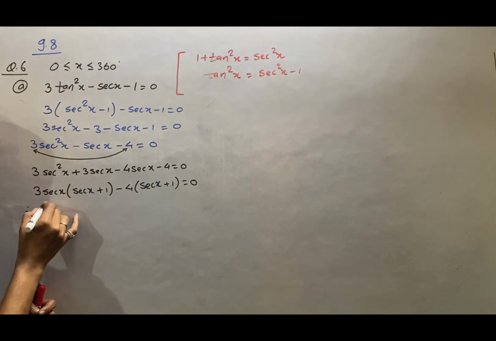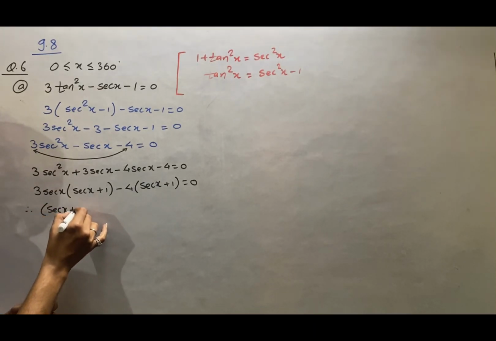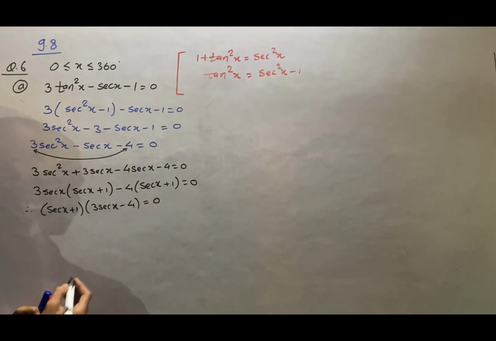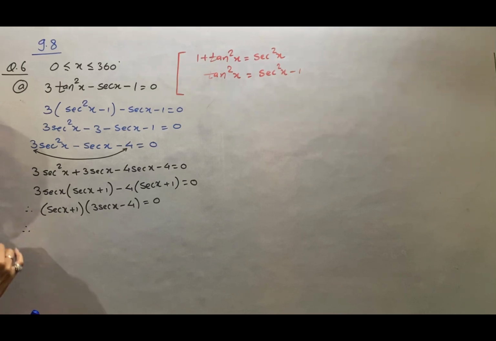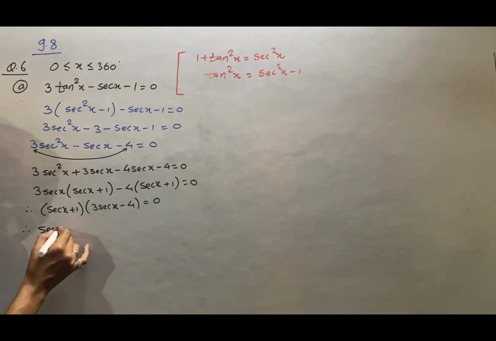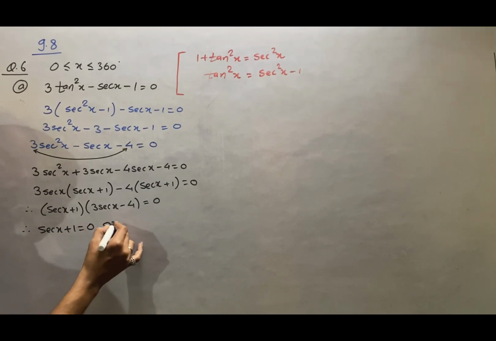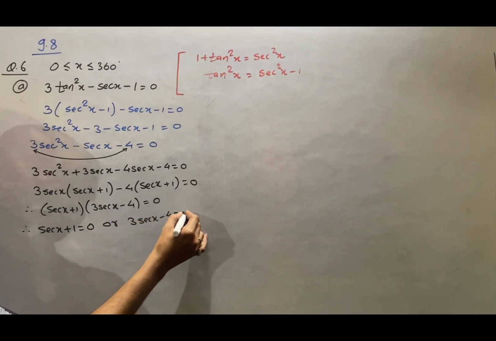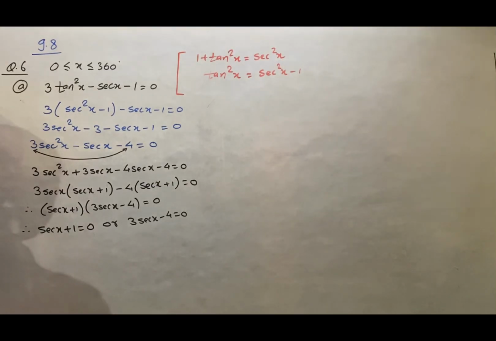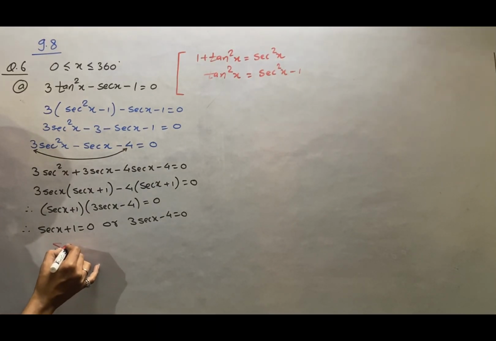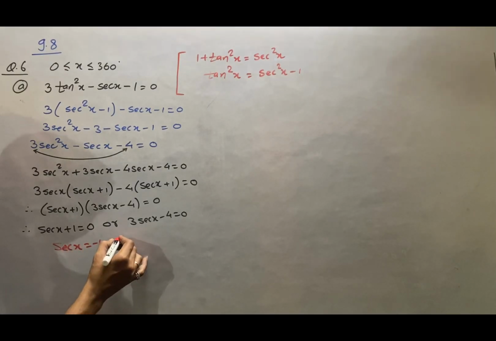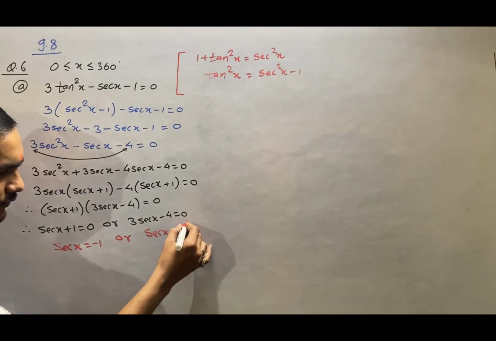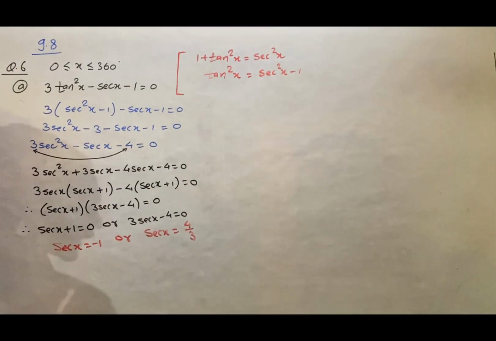Now here we have two factors, sec of x plus 1 and 3 sec of x negative 4 equals to 0. So now we can say sec of x plus 1 equals to 0, or 3 sec of x negative 4 equals to 0. So sec of x equals to negative 1, or sec of x equals to 4 over 3.